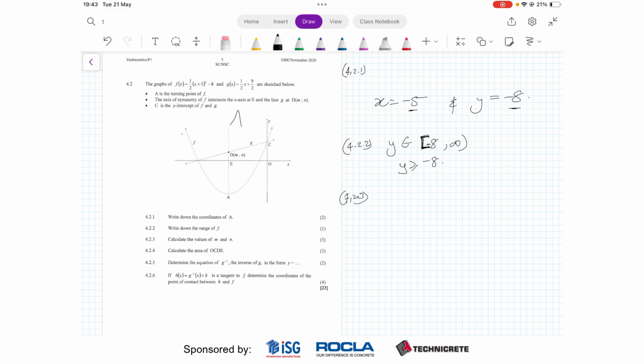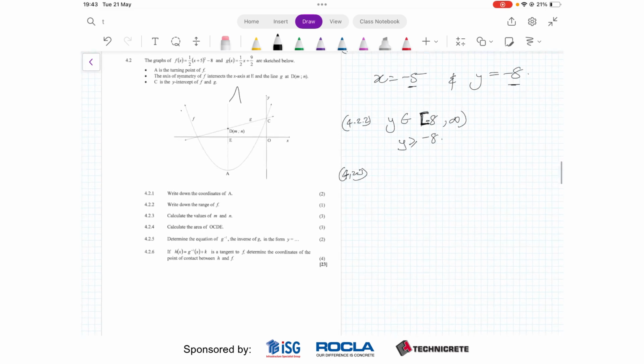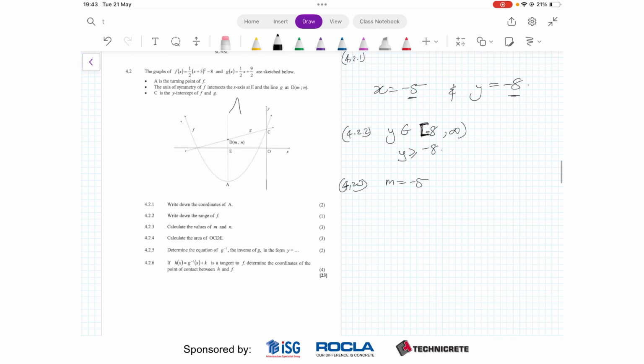4.2.3, we are asked to calculate the values of m and n. Now, we already know that m is equal to minus 5 because we established in the first question that x is equal to minus 5. And since A and D are collinear on the vertical line, they share a common x value of minus 5.